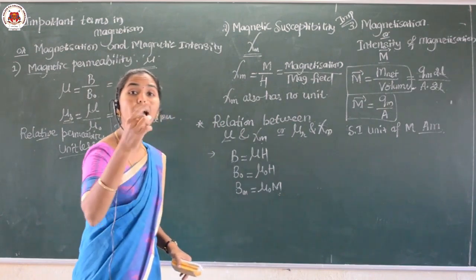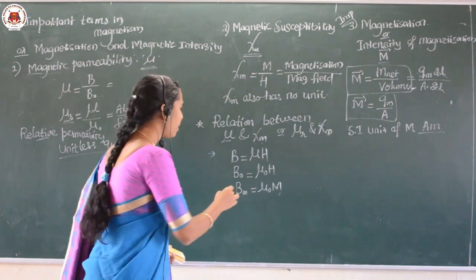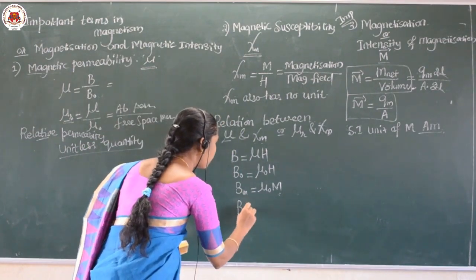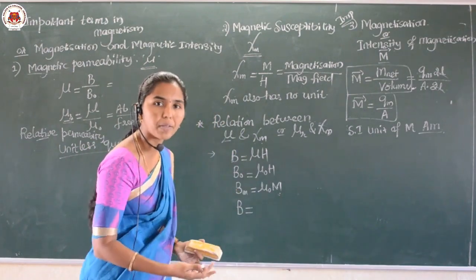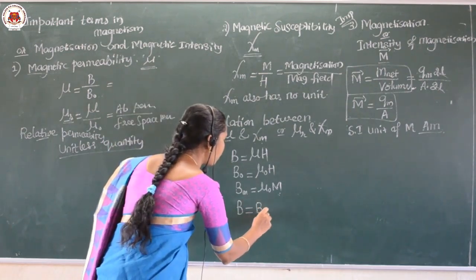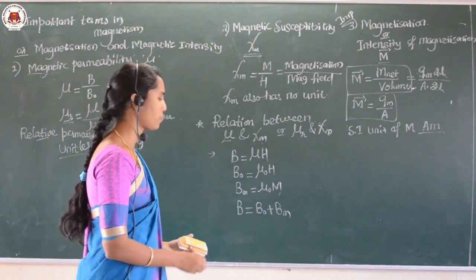It is the magnetization. Then the total magnetic field of that specimen kept in the magnetic field is B equal to B naught plus Bm.